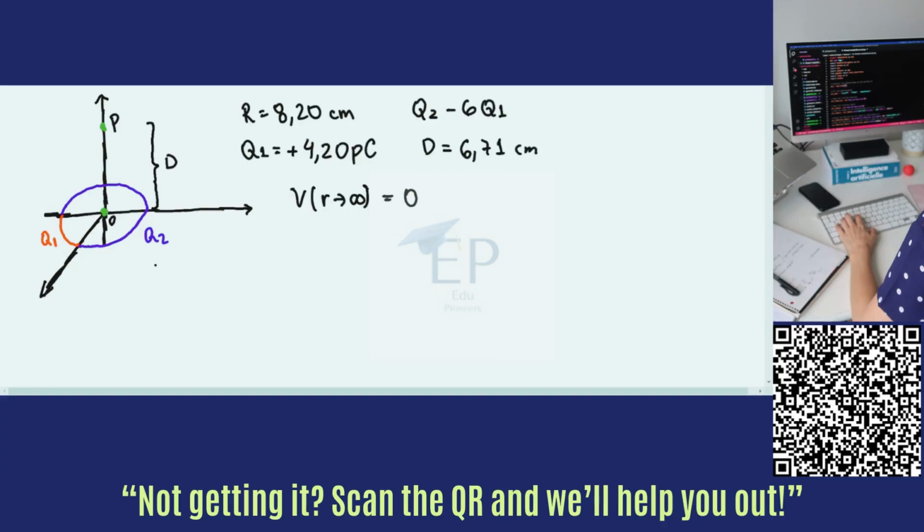So to determine first A, the potential at the center of this circle, the first thing that we are going to do is to take a differential of charge that we call dq. And we know that this differential of charge will produce a potential that is given by the following formula.